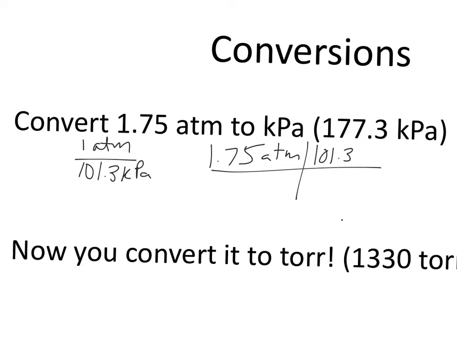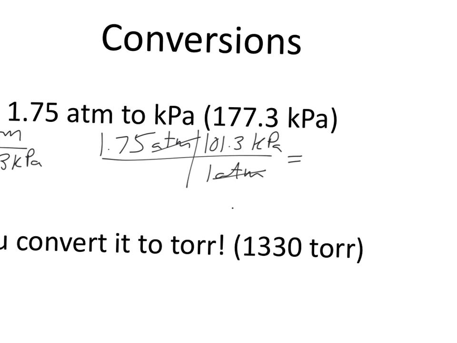So we have 101.3 kilopascals over 1 atmosphere. So we can see atmosphere cancels. So you do 1.75 times 101.3, and you should get this answer of 177.3 kilopascals.